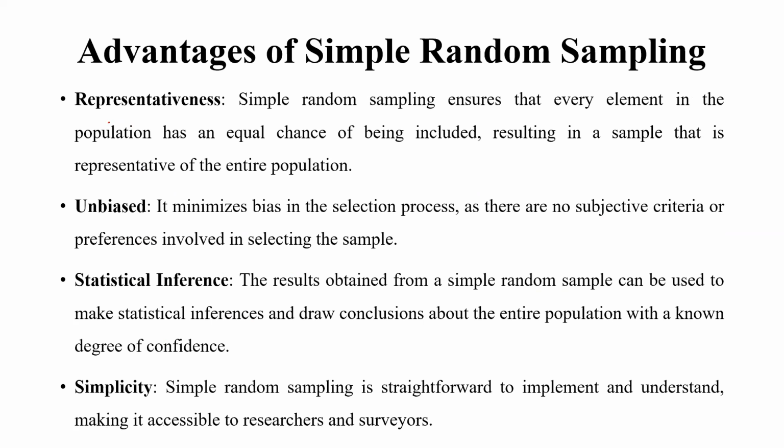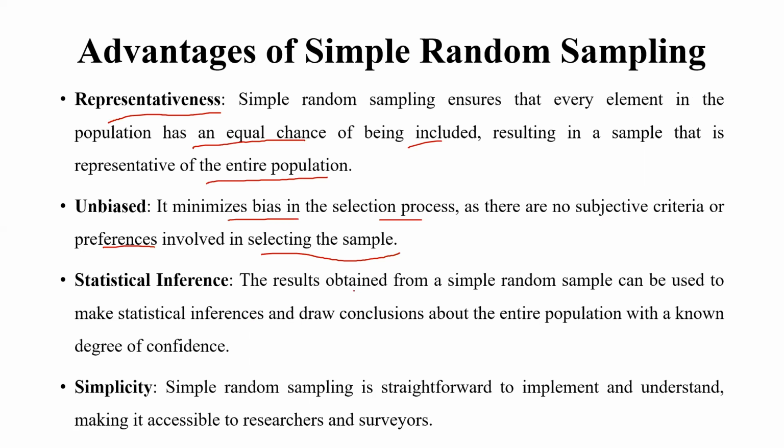A few advantages of simple random sampling we need to know about. First, representativeness. Simple random sampling ensures that every element in the population has an equal chance of being included, resulting in a sample that is representative of the entire population. Unbiased: it minimizes bias in the selection process, as there are no subjective criteria or preferences involved in selecting the sample.